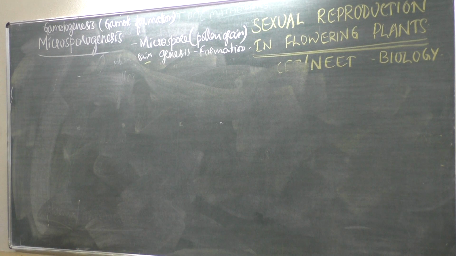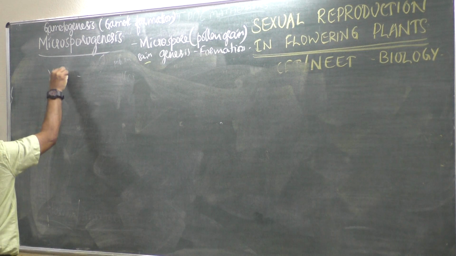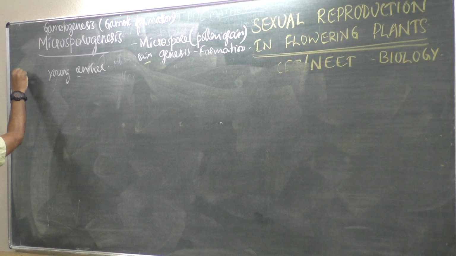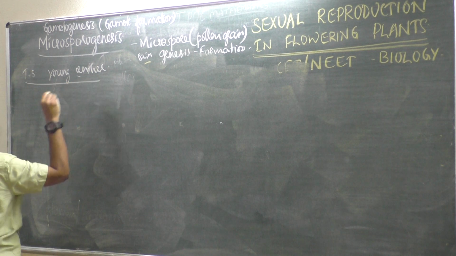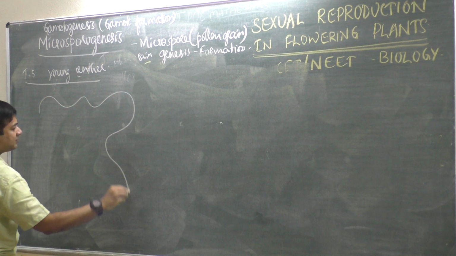So let us quickly see the diagram. Young anther: the transverse section of a young anther is a simple structure.